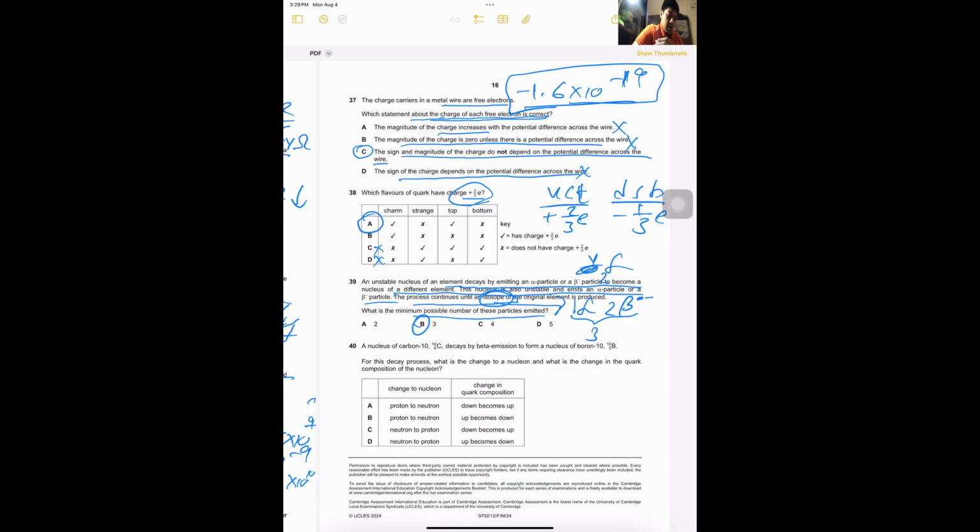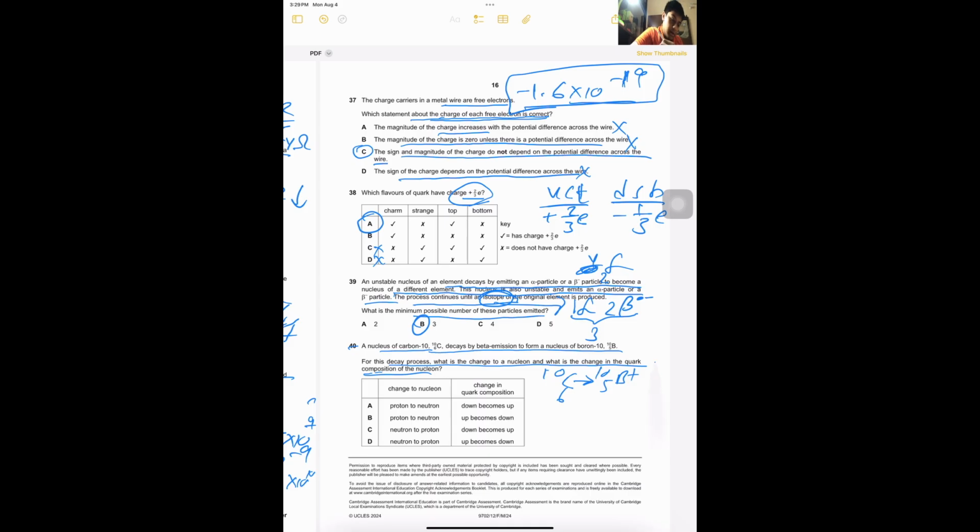So we move on to the last question, 40. A nucleus of carbon-10 decays by beta emission to form a nucleus of boron-10. For this decay process, what is the change to a nucleon, and what is the change in the quark composition? So it is carbon 10,6, which is forming boron 10,5, plus what is it emitting?